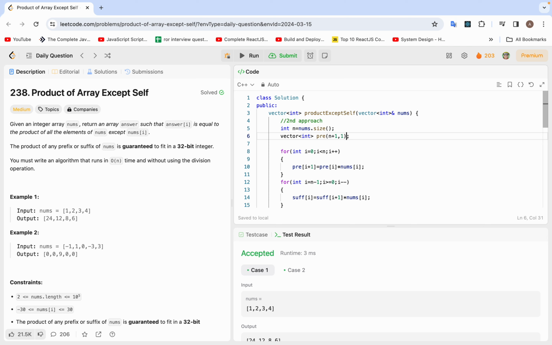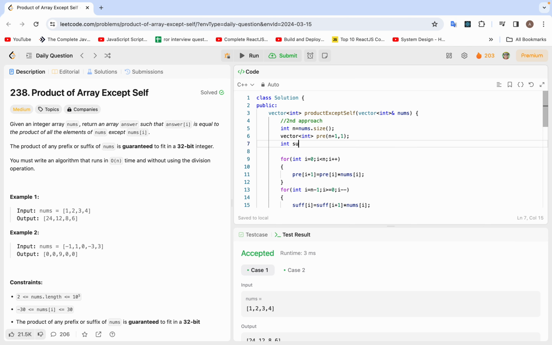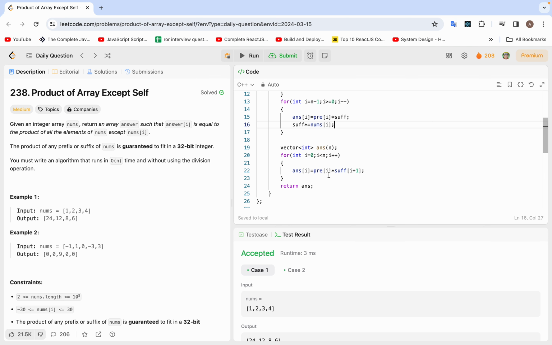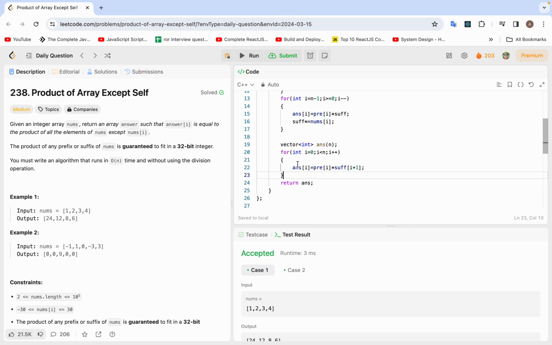Instead of this suffix, I can take a variable equal to 1, and simply store my answer in this answer variable, which should be previous of I times this suffix value, and we will multiply this with nums of I, right? So this can be solved like this.